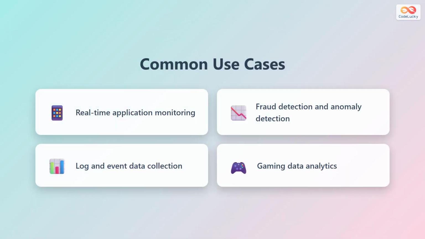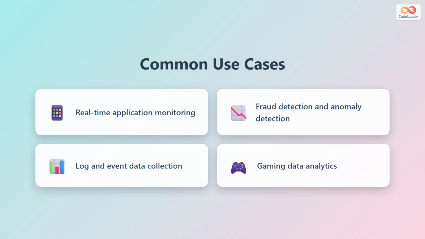Kinesis powers a wide variety of real-time applications across different industries. Real-time application monitoring allows you to track the health and performance of your applications as events occur, enabling immediate response to issues. Fraud detection and anomaly detection systems use Kinesis to analyze transactions or activities in real time, identifying suspicious patterns before they cause significant damage.